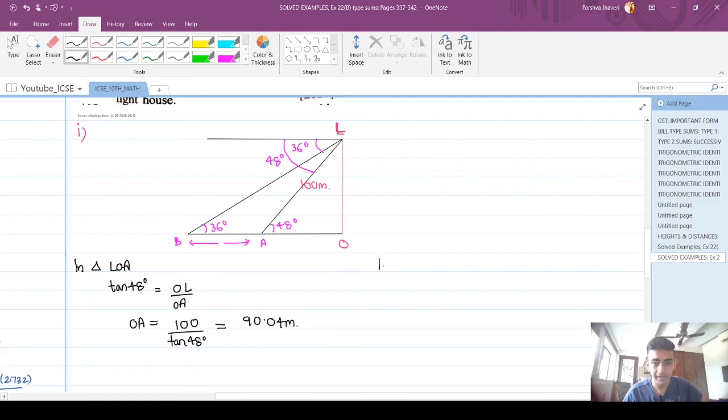And in triangle LOB, tan 36 degrees is opposite, that's OL, upon adjacent OB. OB becomes 100 upon tan 36. Again, calculate tan 36 from the logbook.